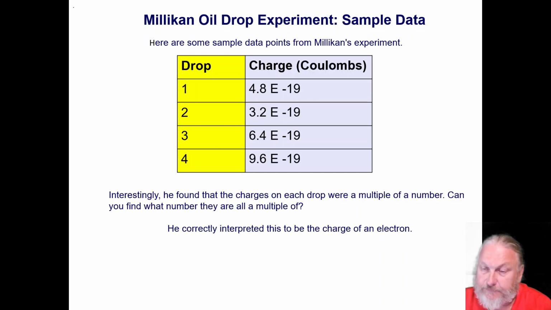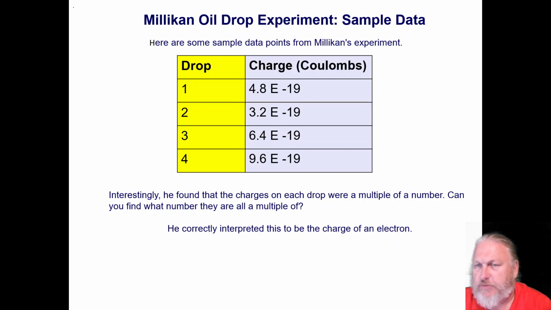When he saw that, he was able to predict what the charge of an electron was. And he interpreted that this was the charge of an electron. Now let's think. 3.2 doesn't go into 4.8. So what number would go into every one of those numbers? Well, let's see. 8 would go into 3.2, going into 48, going into 64, the smallest number.